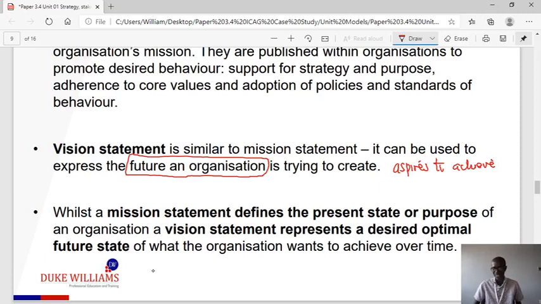You can set your vision, what you aspire to achieve. That is stating your future.